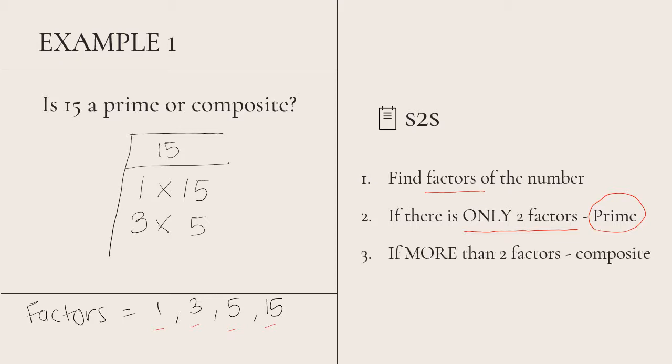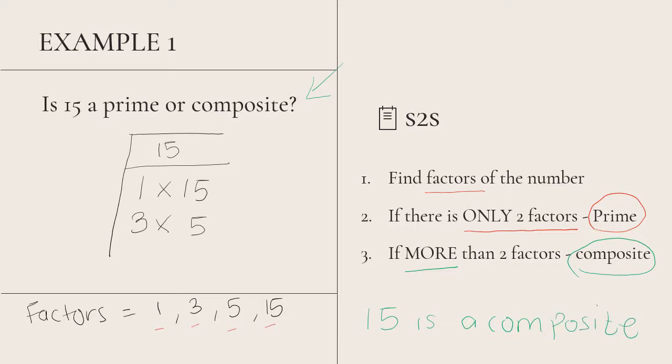Step 3, if more than 2 factors, then it's a composite number. So we are going to answer this question: is 15 a prime or composite? Now we know that factors of 15 are 1, 3, 5, and 15, which is more than 2. So 15 is a composite.